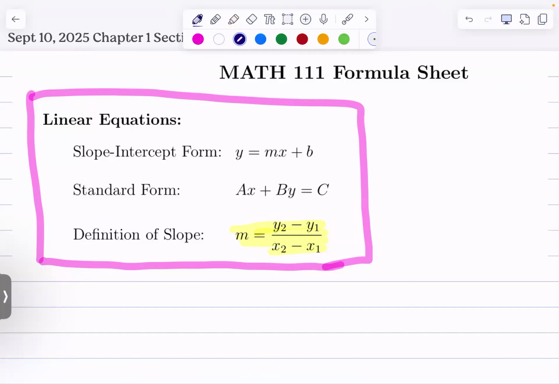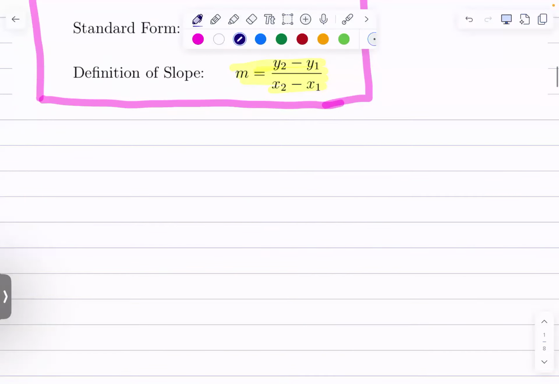So I like to do a little bit of review. It was just on Monday, but just for a little bit of review. In order to draw a line, we needed 2 points on the line, and then we connect them and that's all you do. And we also needed 2 points on the line in order to find the slope.